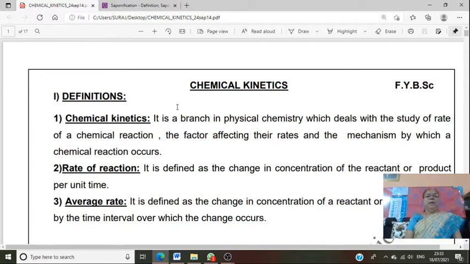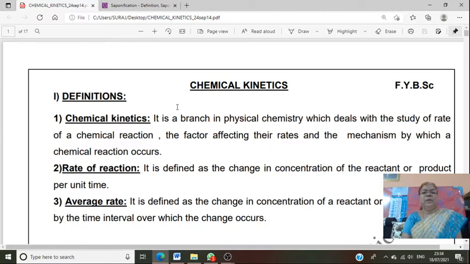So chemical kinetics is the branch of physical chemistry which deals with the study of the rate of chemical reaction, the factors affecting their rates, and the mechanism by which chemical reactions occur.